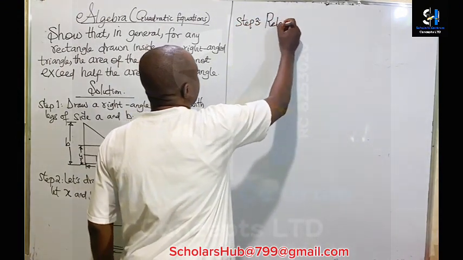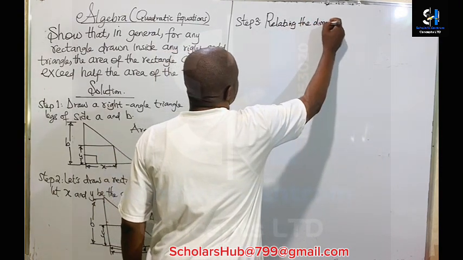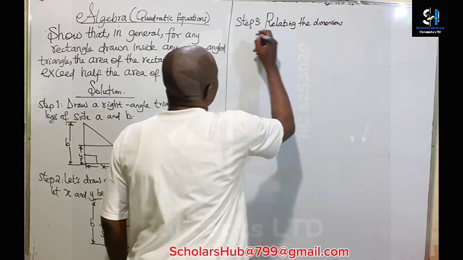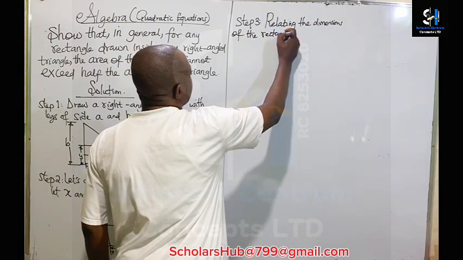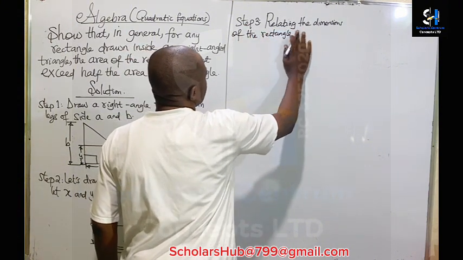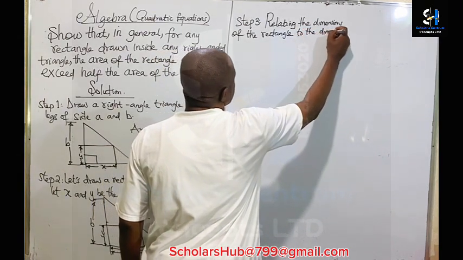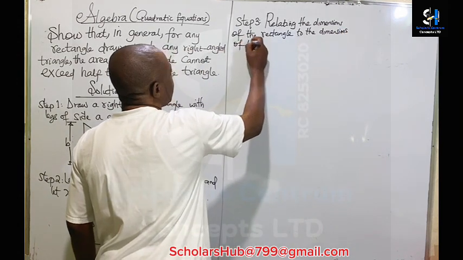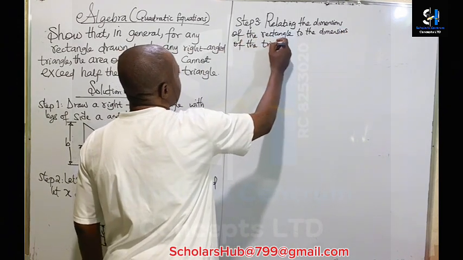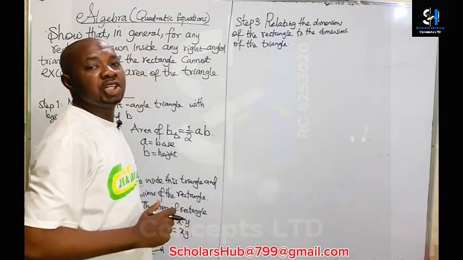We're going to relate the dimensions of the rectangle to the dimensions of the triangle using what we call similar shapes.